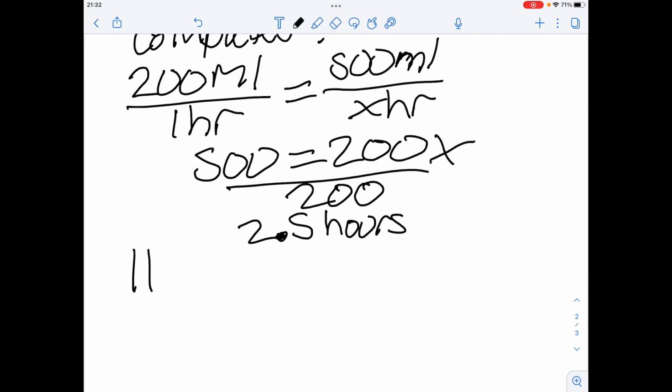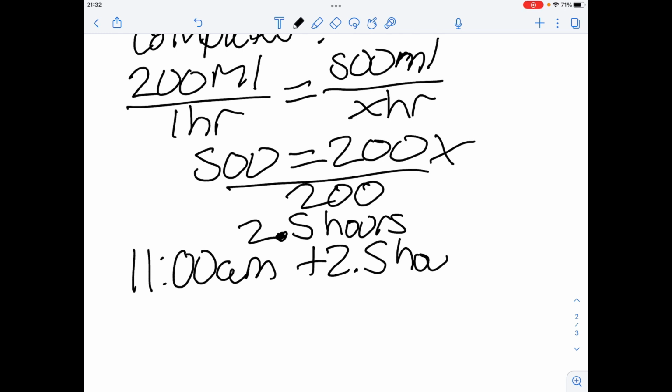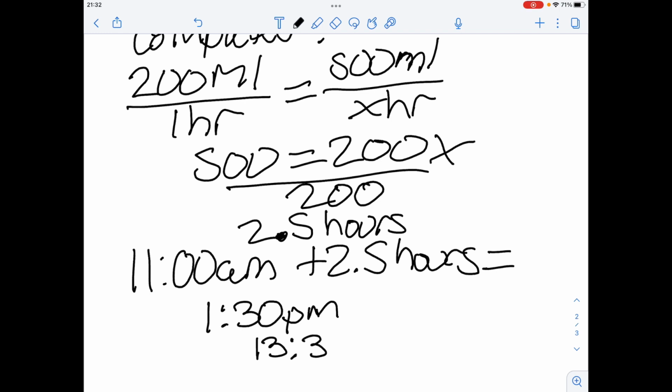So 11 a.m. plus 2.5 hours equals 1:30 p.m. Or if this is a hospital and we need to use 24-hour time, this would be 13:30.